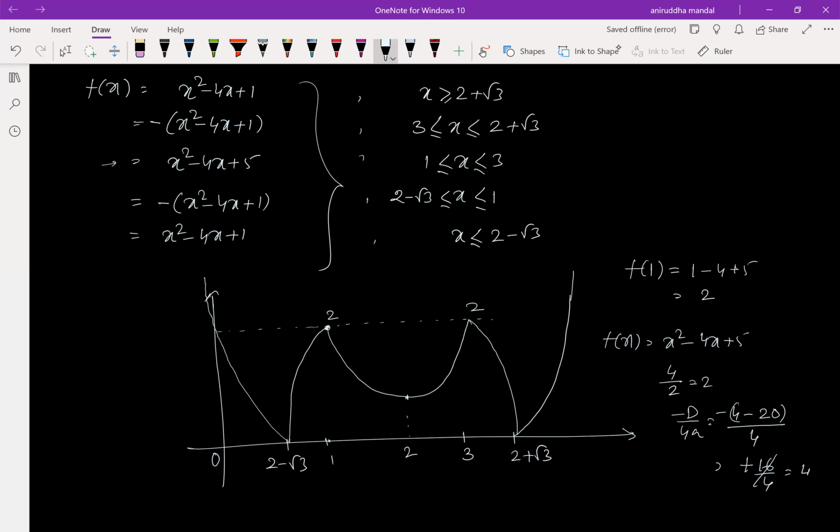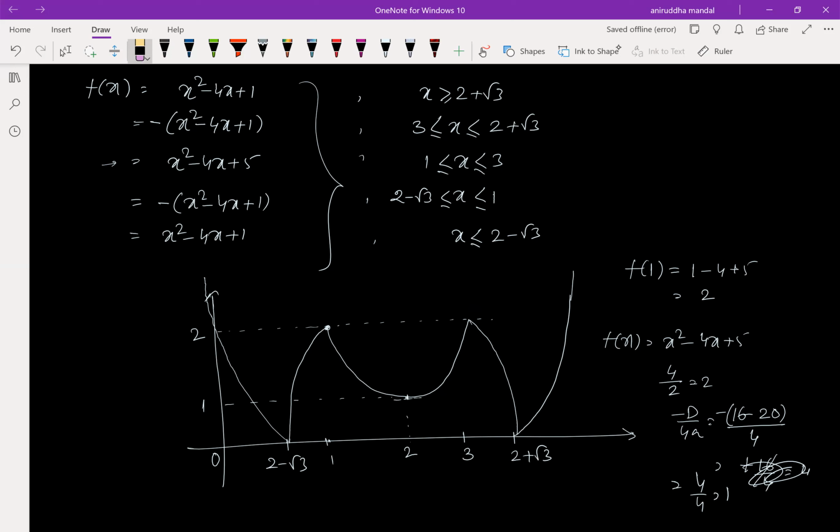But it should be less than 2, I think. Just a minute. Okay, this is 16, not 4. So 16 by 4 is 1. So this point is 1. So this is the 1 point, this is the 2 point. Okay, so this is the complete graph.